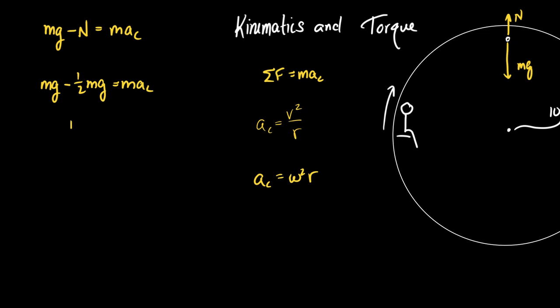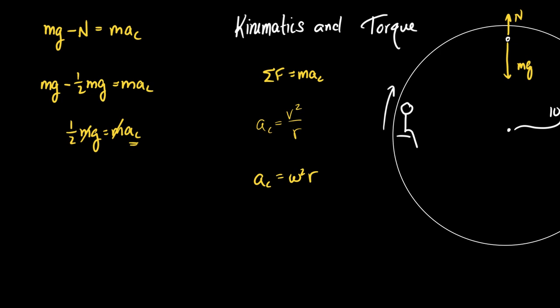So subtract and get 1/2 mg equals m a_c. So I can cancel out the m's. Now, if you want to start putting in values, which people did, you should probably pick out which version of centripetal acceleration you want to use. And I want the angular speed of the roller coaster. I don't need the linear speed of the person.